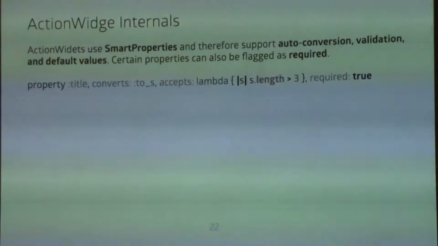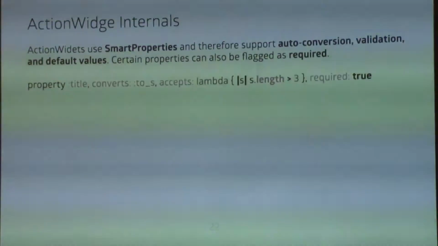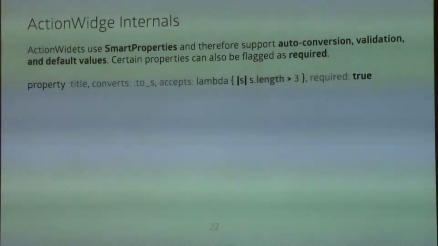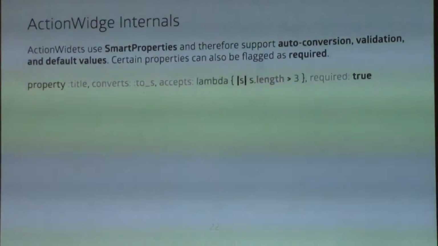So the moment you assign a value to title, either through the constructor or through the setter, the to_s method will be called on this value. Alternatively, you can provide a block here to specify arbitrarily complex conversions. Same with accepts. You can either specify an array of accepted values, or you can specify a lambda expression that acts as an input validator. And then you can flag a property as required, meaning you can't omit it when you initialize a view component.